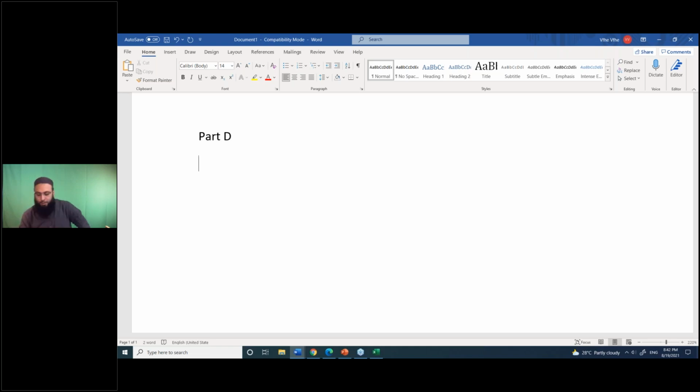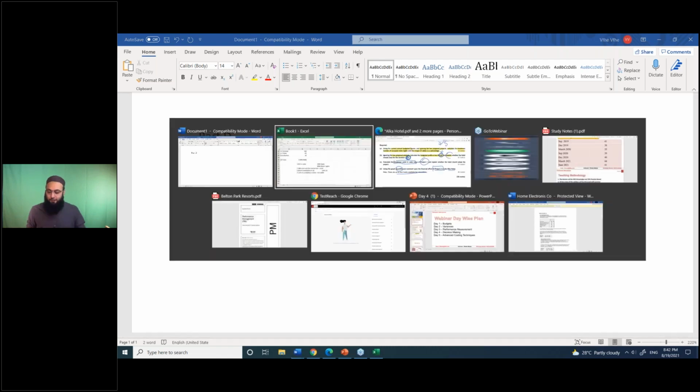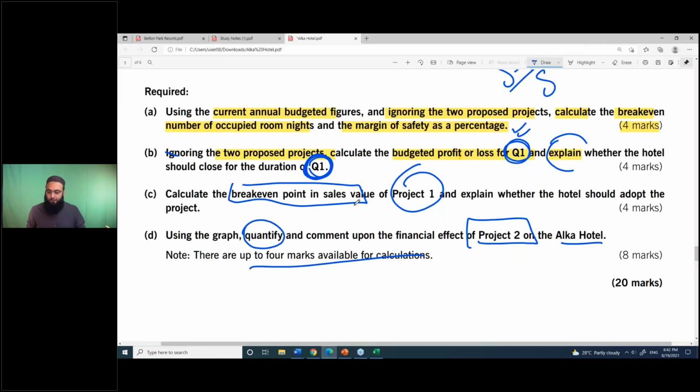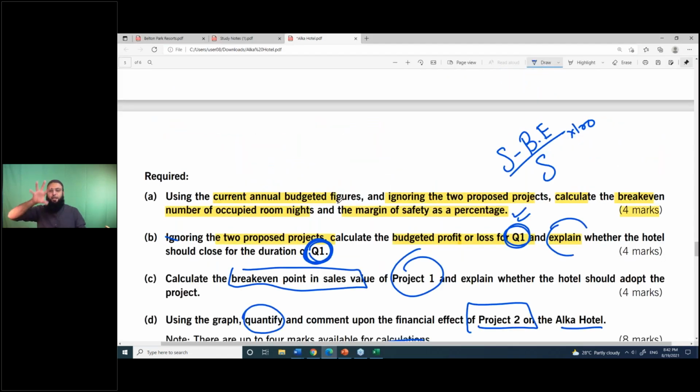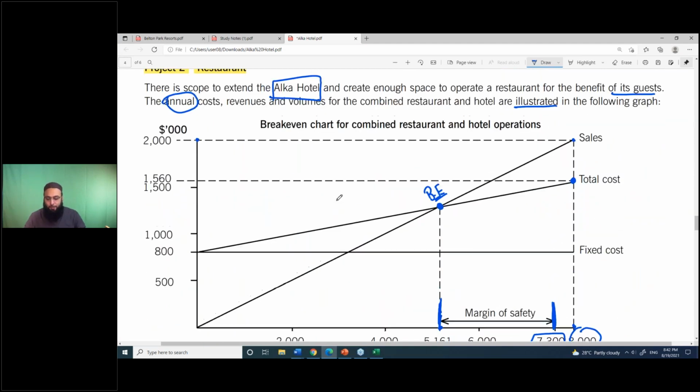Now, if you look at the graph, quantify means by looking at the graph, just quantify the things. So remember, this is combined, okay? Combined for the hotel that you're operating right now and the restaurant that you will open.